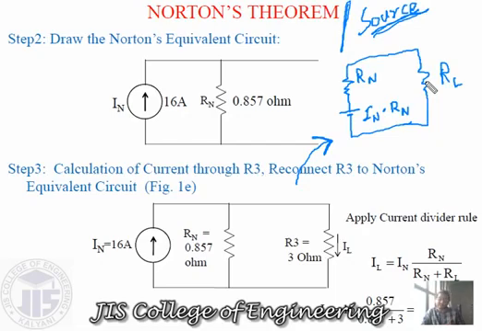For Thevenin's theorem, first of all, we remove the load resistance and find the open circuit voltage. In case of Norton's theorem, we replace the load resistance with a short at the terminals and find the short circuit current.